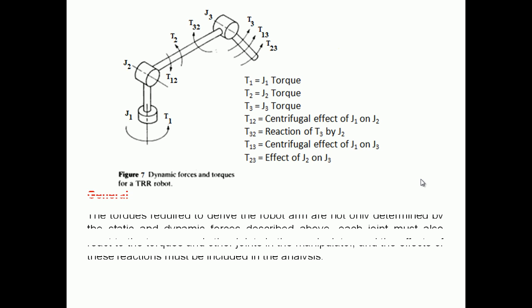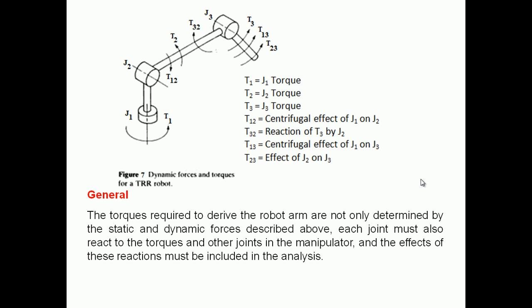So the torques required to drive the robot arm are not only determined by the static and dynamic forces described above. Each joint must also react to the torques of other joints in the manipulator, and the effects of these reactions must be included in the analysis.